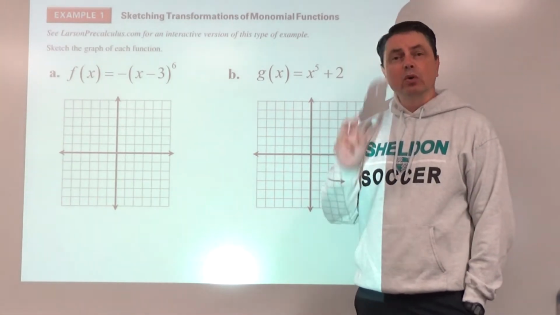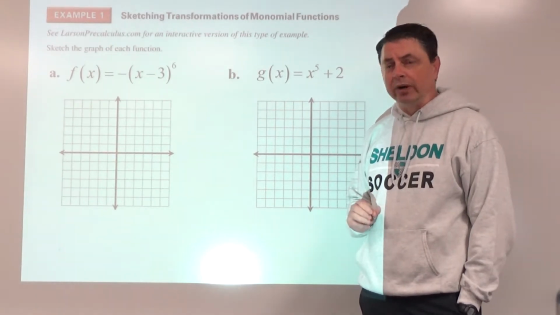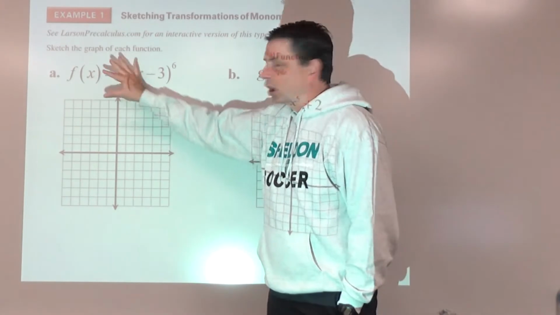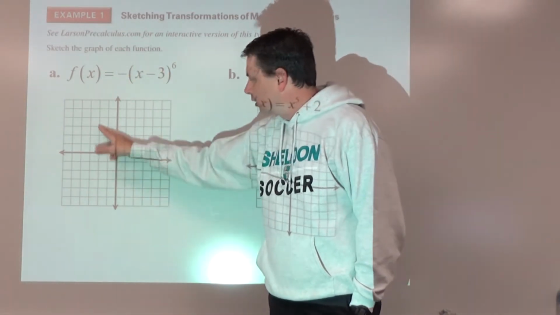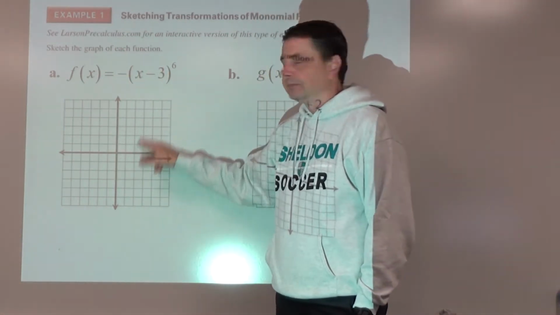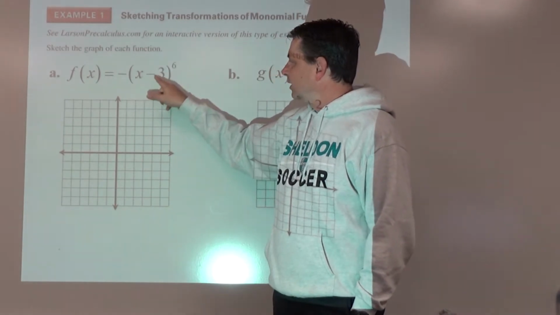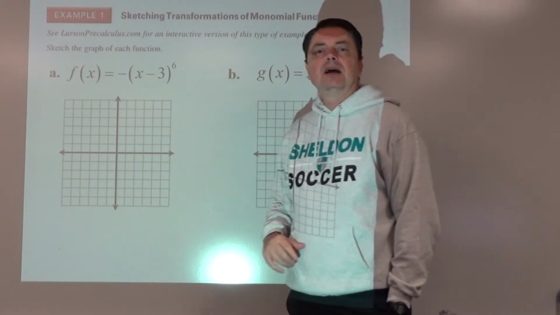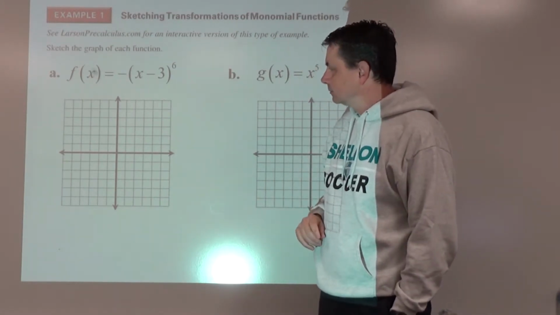In fact, if we focus on the 3 key points, it's going to have the same key points. So we remember our transformations where we would have a parabola and we would shift it right 3 and then reflect it about the x-axis.